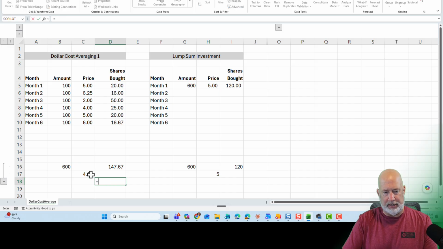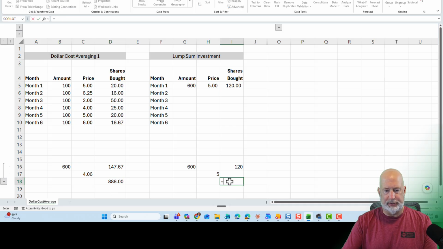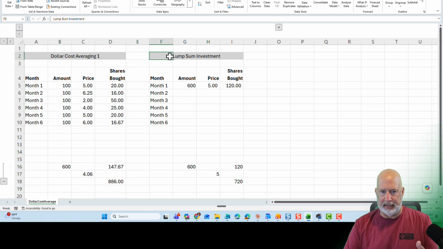That would be equal the 147 times 6, 886 versus the $6 at 120 shares, 720. So 886 is more than 720. So before you say, Chris, it looks like the dollar cost averaging was better. In this example, yes, but historically, again, lump sum investing comes out ahead.